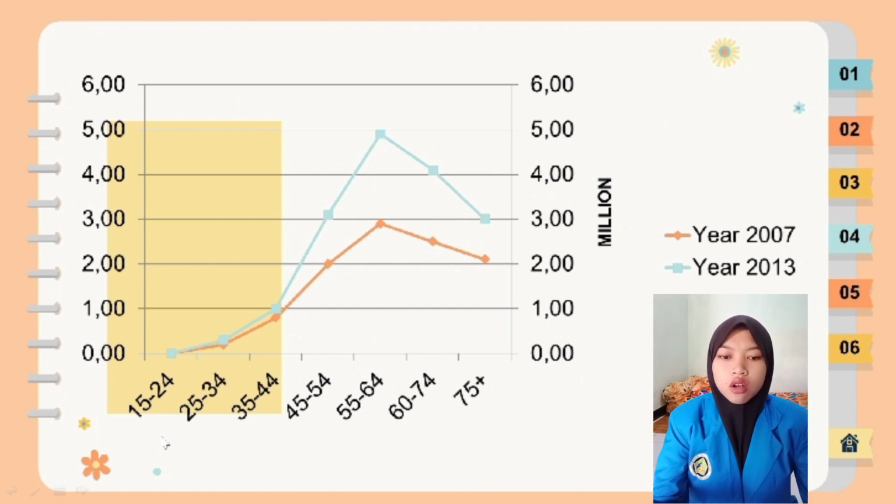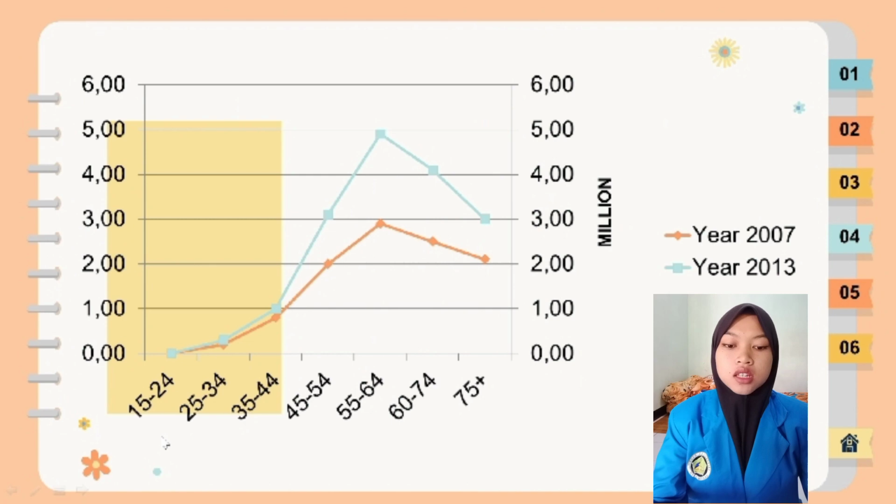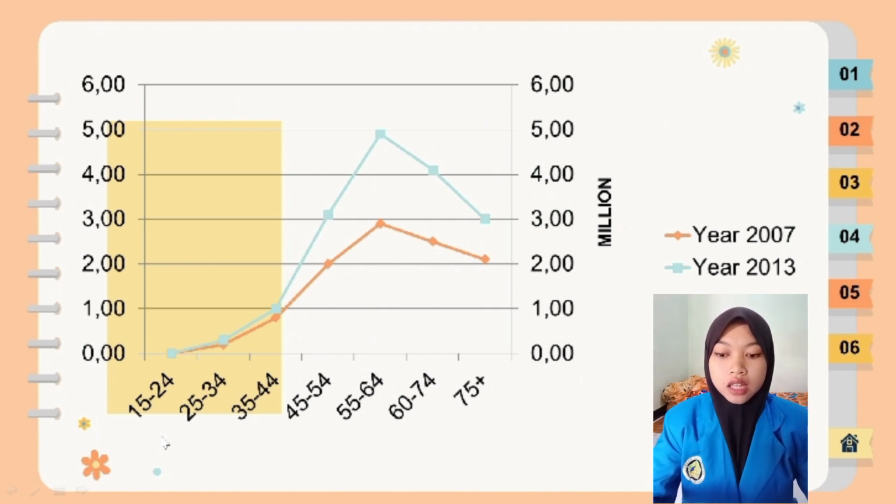At the age of 15 to 24 years, only about 0.00 million inhabitants were recorded. At the age of 25 to 34 years, in the year 2007 there were as many as 0.20 million inhabitants, whereas in the year 2013 there were as many as 0.30 million inhabitants.